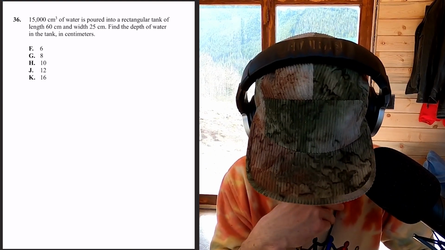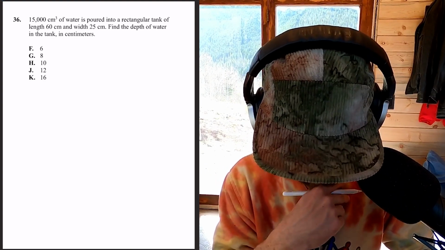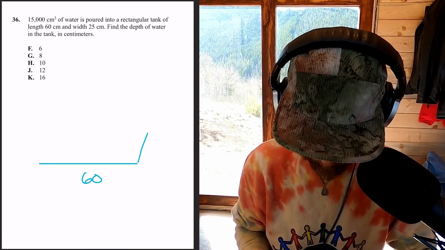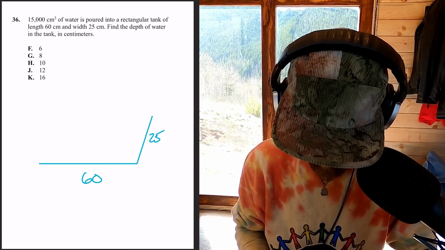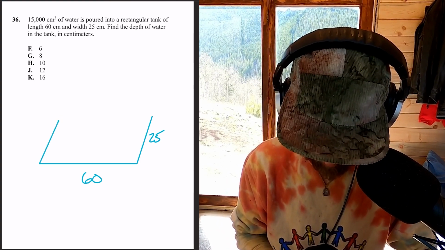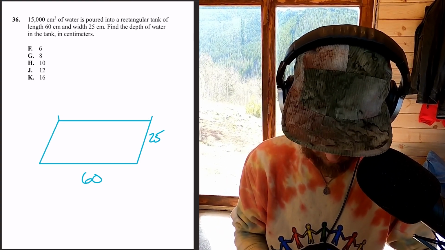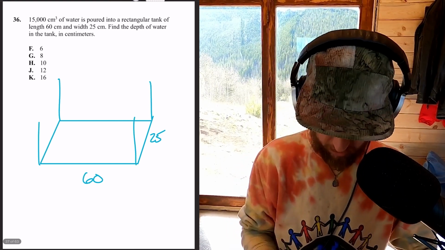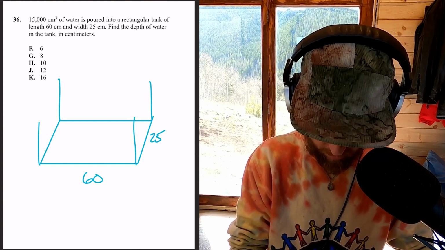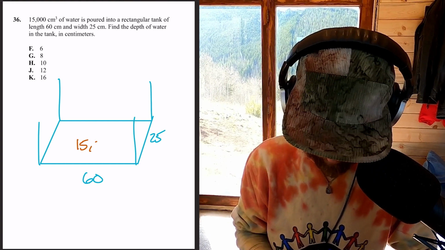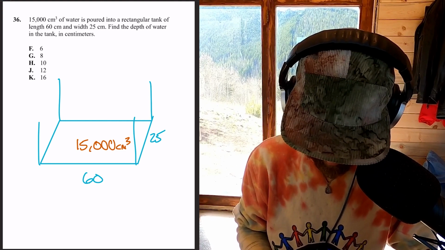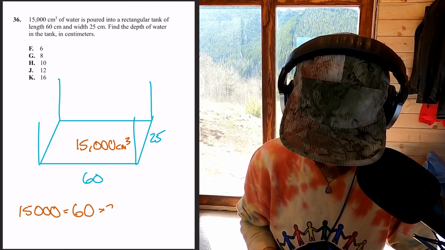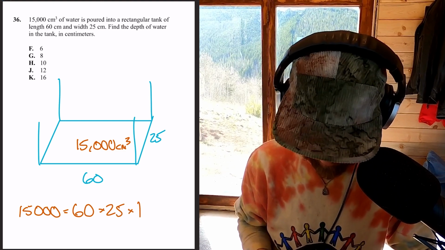15,000 cubic centimeters of water is poured into a rectangular tank of length 60 centimeters in width. Okay, so length 60, width 25, and the depth of the water, which we don't know, aka the height of this tank. But we know that the volume is 15,000 centimeters cubed. So 15,000 equals 60 times 25 times height.